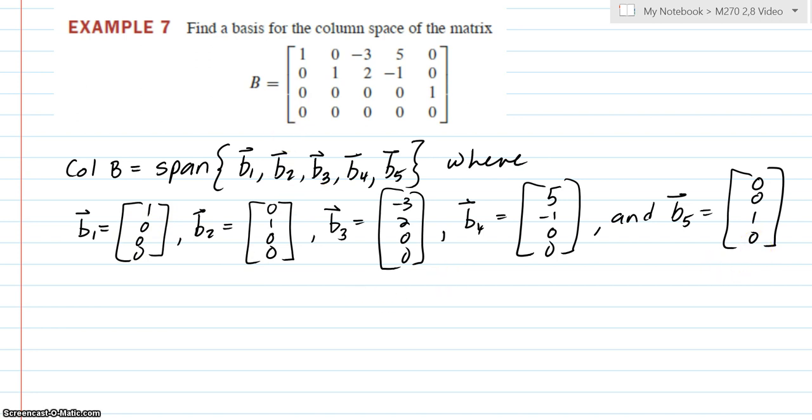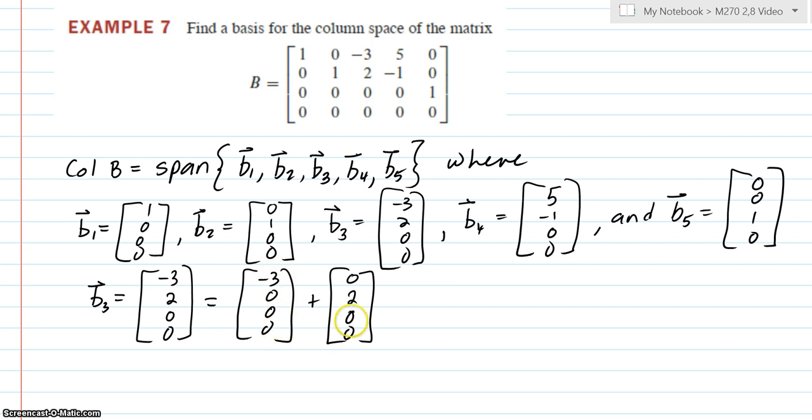B is already in row reduced echelon form, and I notice that my third and fourth columns, those variables, are the free variables. If I look at this column here, B3, let me just write down what that column is. That is just -3 with zeros plus 0, 2, and zeros.